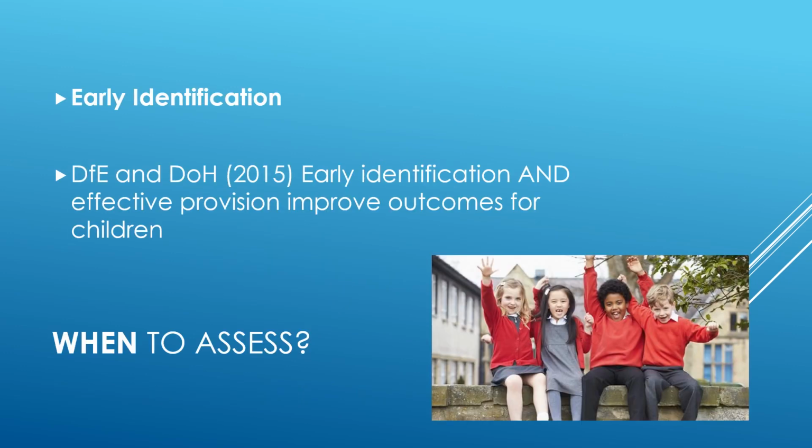There's a wealth of research and also anecdotal evidence gathered that early identification, along with effective intervention, yields the best results for pupils with dyslexia. The Department for Education and Department of Health back this up with their research, but obviously the quality and type of intervention that follows an initial assessment is crucial.